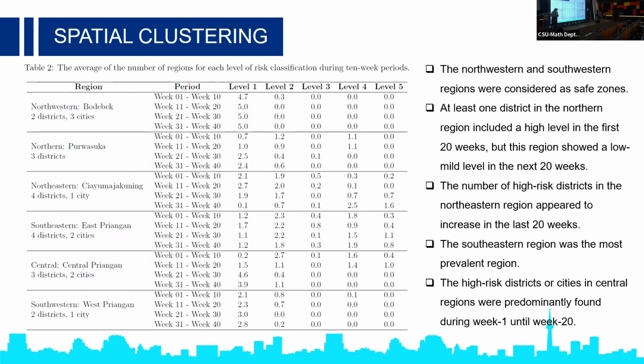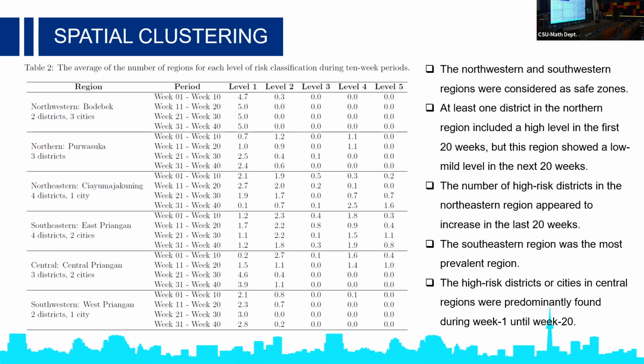We have 6 different areas, and we conclude as in this table. The northwestern and southwestern regions were considered safe zones. At least one district in the northern region was at high level in the first 20 weeks, but this region showed mid-level in the next 20 weeks.